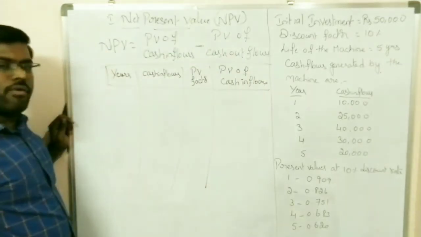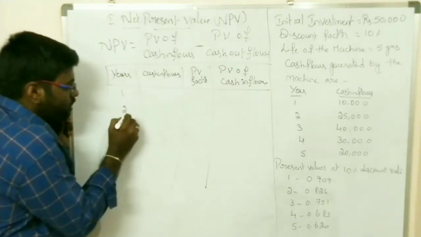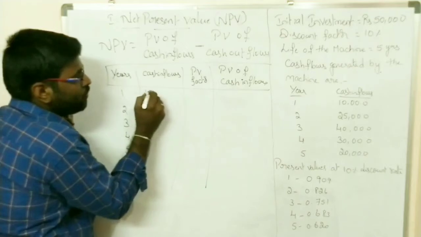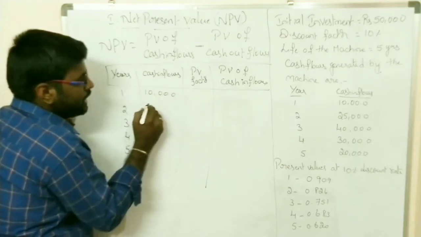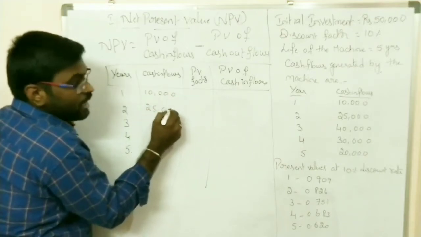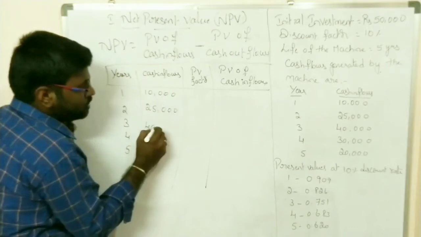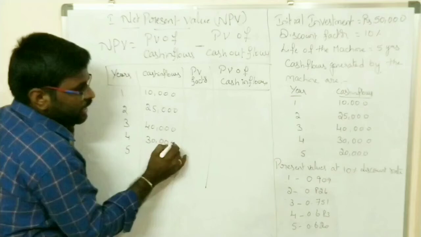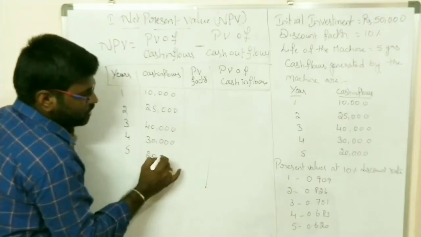We have 5 years: 1, 2, 3, 4 and 5. First year cash inflow is 10,000. Second year we have 25,000. Third year we have 40,000. Fourth year we have 30,000. And the fifth year we have 20,000.